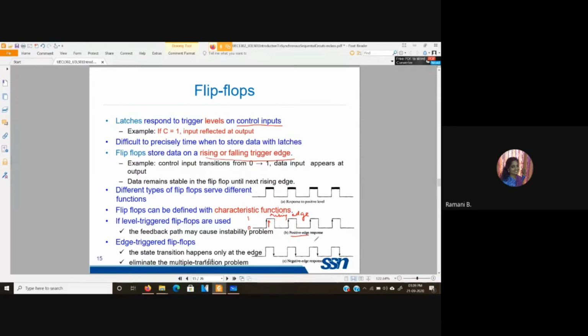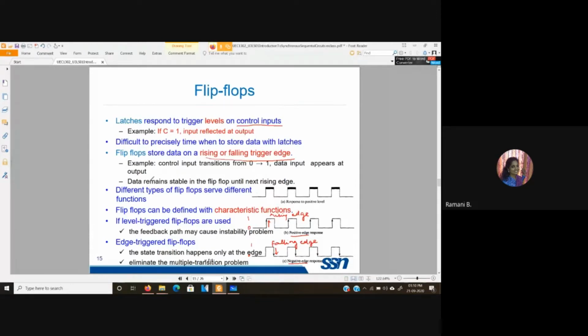Whereas if the transition is from 1 to 0, so here you are having the transition. This we call it as the falling edge. So we also call this negative edge trigger. Okay. These are the things you need to have in mind.